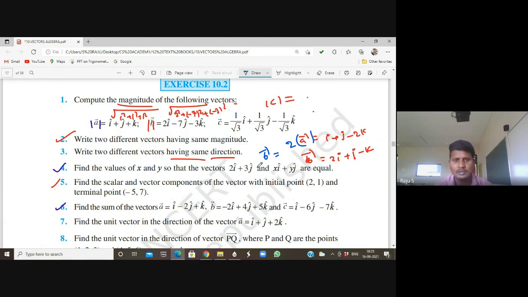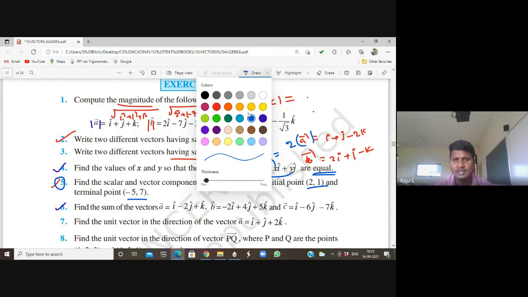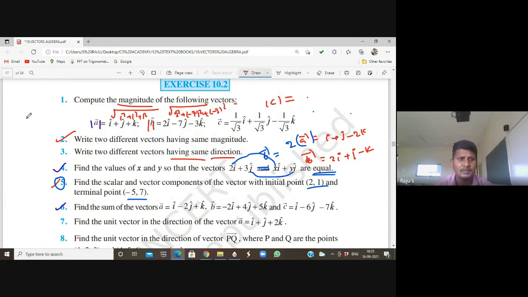Now coming to here, find the value of x and y. Given two vectors are equal, so comparing both vectors, x is equal to 2, y is equal to 3. Coming to the fourth one: find the scalar components and the vector with the initial point and terminal point given.